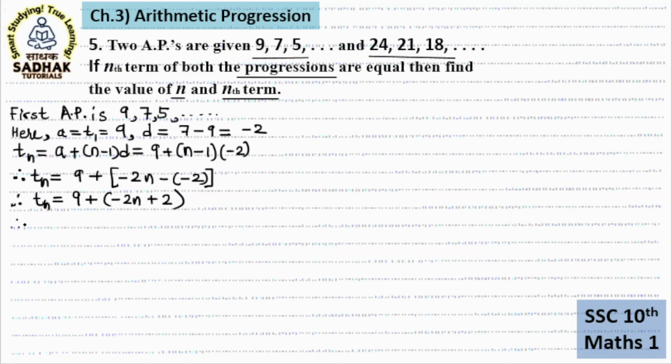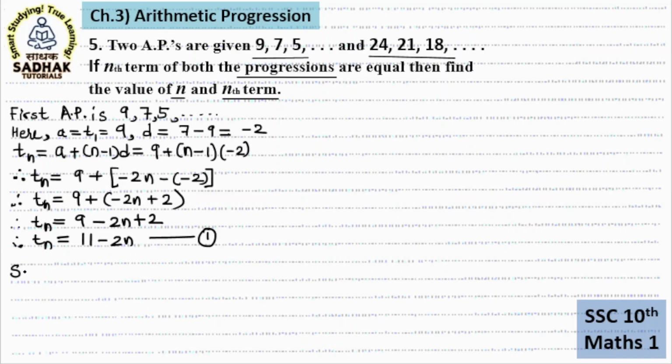So Tn will be 9 plus 2 minus 2n. 9 plus 2 is 11, so Tn is equal to 11 minus 2n. So that is the first equation, where we got the Tn in the first AP as 11 minus 2n.